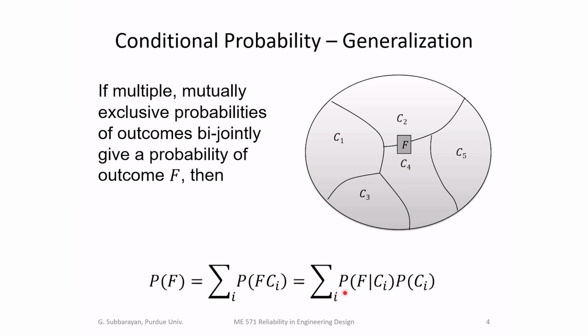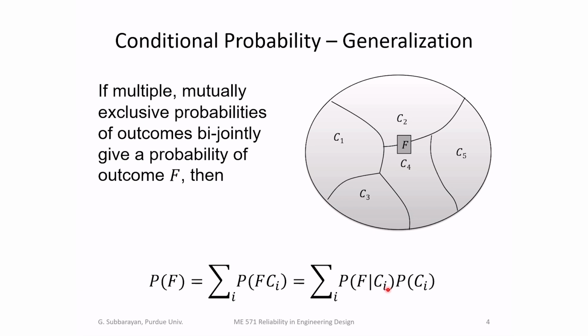But in a laboratory environment, it is much easier to characterize failure under an isolated cause. So in other words, we would look specifically at one cause and ask the question, what's the probability that the system would fail due to a specific cause?